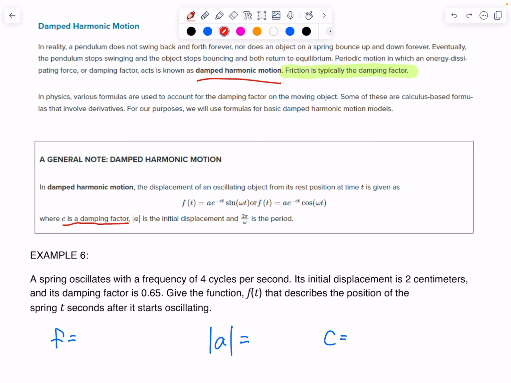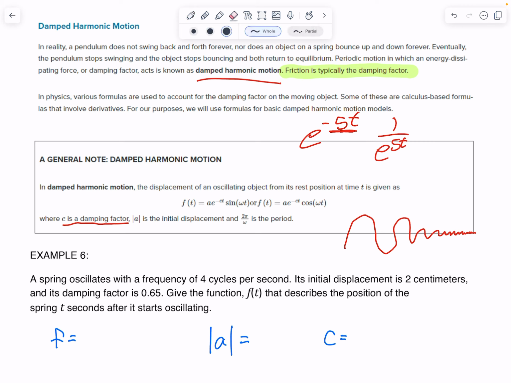And then we put a t on there, like negative 5t, then that number in the exponent gets more and more negative, flipping it over, 1 over e to the 5t, and the big T getting bigger and bigger makes it smaller and smaller. So even though our sine function is going up and down, over time it's going less and less because that dampening factor is making it smaller and smaller, like reality. So C is our dampening factor.